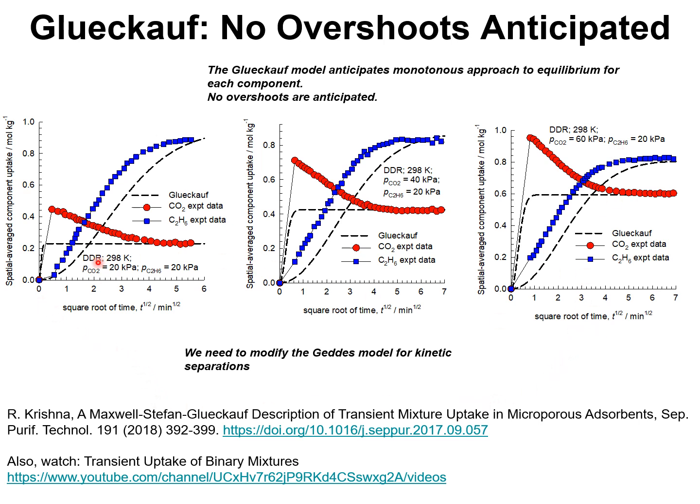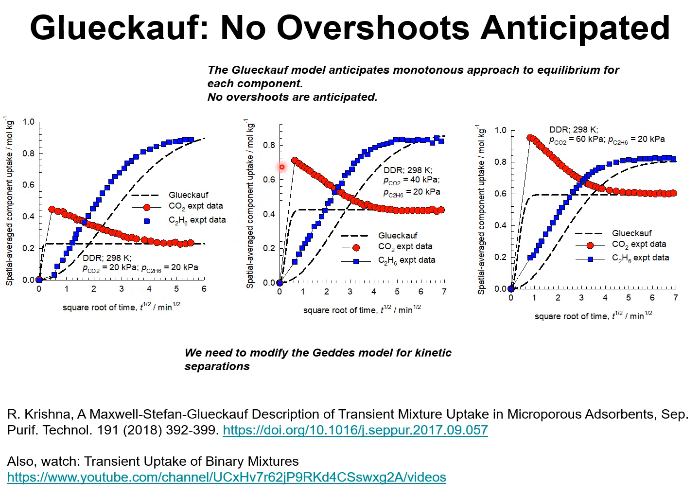In all 3 cases, ethane is seen to approach its equilibrium in a monotonic manner. However, the more mobile component CO2, which has a poorer adsorption strength in comparison with C2H6, shows an overshoot in its spatially averaged loading in all 3 cases.